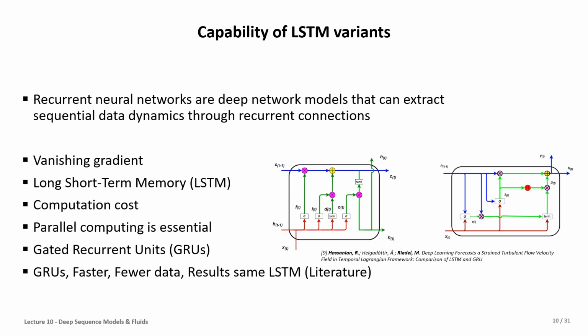Because every one of these available measurements is at a specific time, we have a time series of the data for a fluid particle, and we can apply this type of data as a time series with LSTM and GRU models.